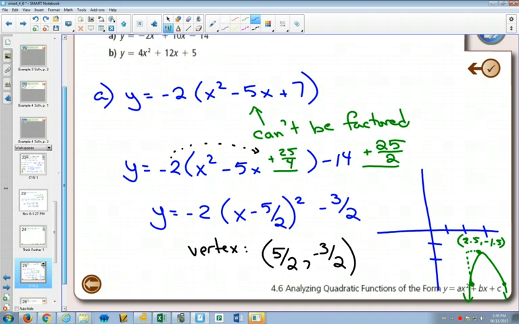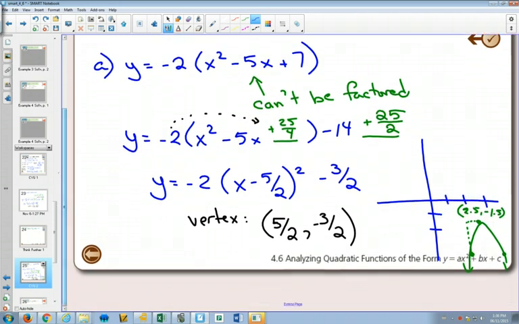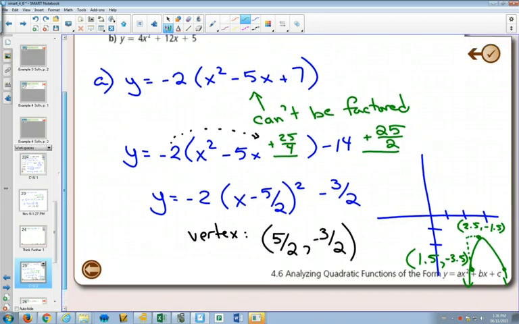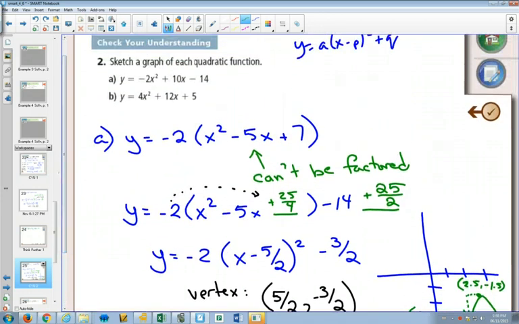So what I did by going over 1, down 2, I could say another point here is at 1.5, because that would be 1 to the left. And if I would go down 2 from negative 1.5, that point would be 1.5 comma negative 3.5. Another point that people like to draw to show width that's easy to figure out, because you can get it from your original equation, is what would happen if I plugged in 0 for x.